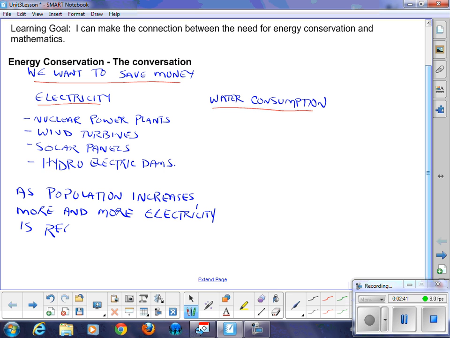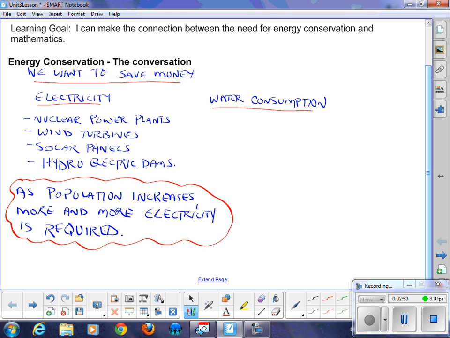It's more common for people to have air conditioners, and there are more houses being built every day. As our population swells, we need to find ways to generate this needed electricity, but also, how do we save? Because as our demand for electricity goes up, so does our cost. So it's very important that we're aware of what electricity we're using.